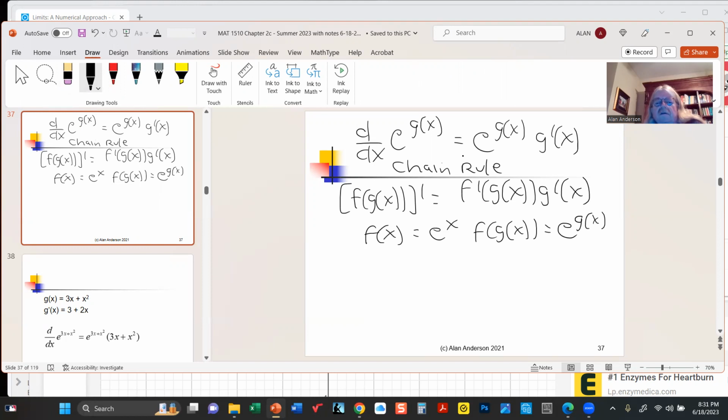So therefore, remember, if f of x is e to the x, f prime of x is just e to the x.